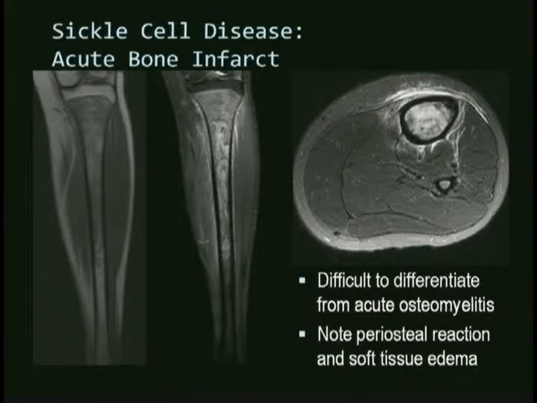She had a very low-grade fever, which can be seen in acute bone infarcts, but did not have an increase in her white blood cell count. So she was treated conservatively, and it turned out it was not osteomyelitis. She developed the more chronic classic form of bone infarct with those serpiginous lines.